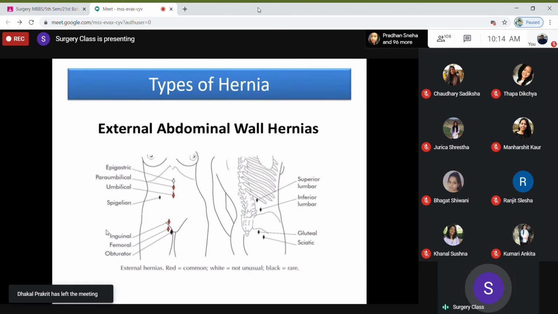These are the normally anatomical hernias, but hernia could be from any part of the abdominal cavity depending upon the cause. So these are the ones that already have openings which become so big and they develop hernia. These are the external hernias, but there might be any hernia, like ventral hernia, because of the stretch of the lower abdomen.